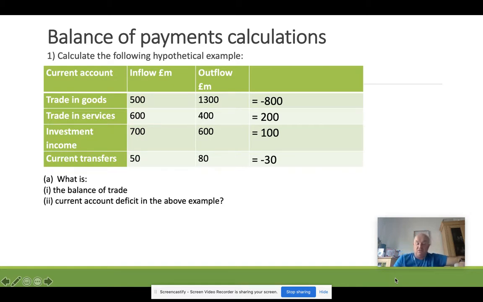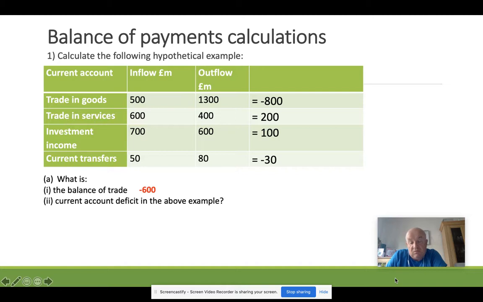Okay, so in terms of the balance of trade, that would effectively be minus 600. The reason for that is, if we remember what the balance of trade is, it's basically trading goods combined with trading services.